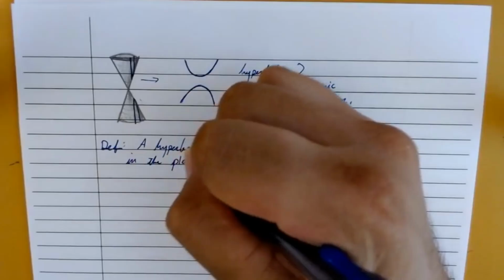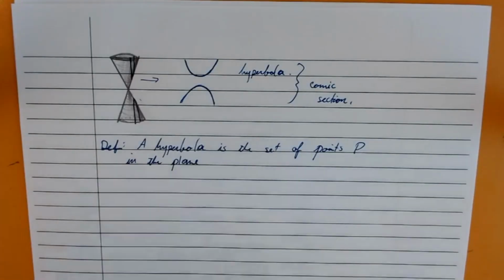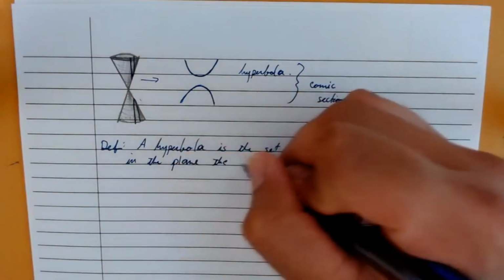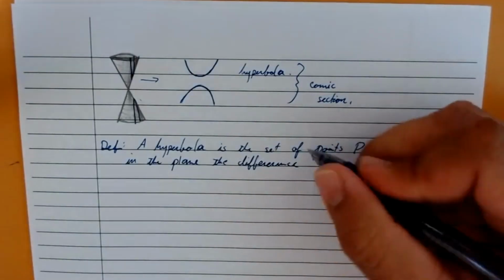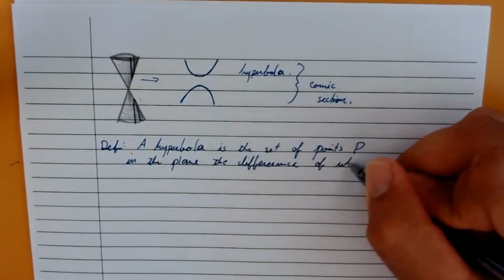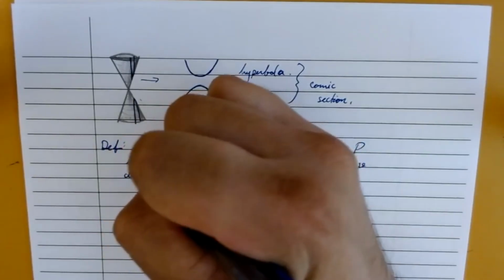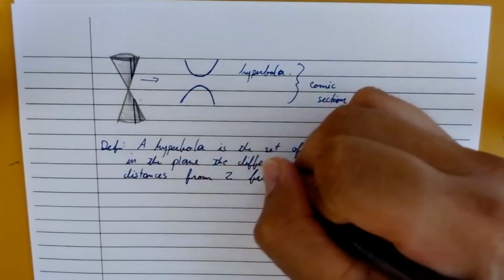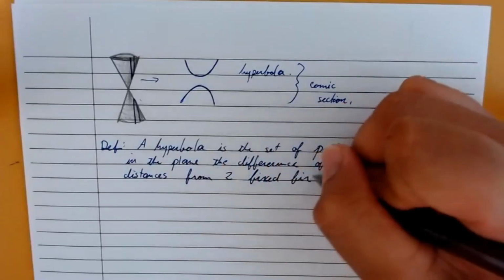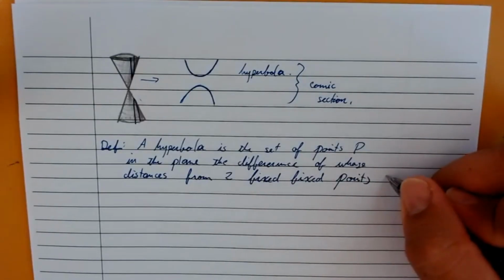in the plane. And again, even though the cone is three-dimensional, the hyperbola itself will be thought of as a two-dimensional object on the xy plane. It is the set of all points on the plane. The difference of whose distances from two fixed points, which we'll call F1 and F2.